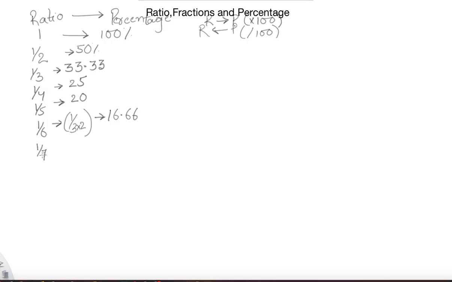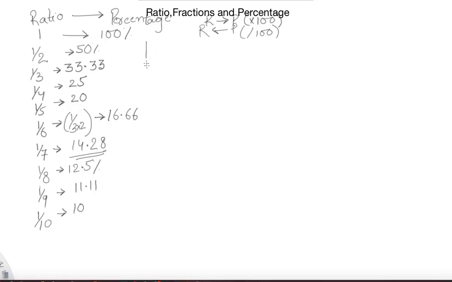Now 1 by 7 equals 14.28. You need to remember these significant numbers. You'll get numerous questions in DI and arithmetic, and you'll use them in numerous places. Now 1 by 8 equals 12.5%. Similarly, 1 by 9 equals 11.11. 1 by 10 is 10%.